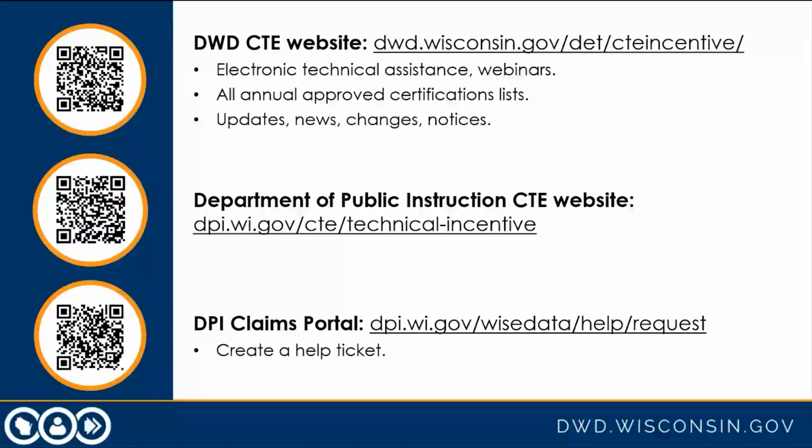Once on the landing page, you can find technical assistance, approved certifications lists, forms, updates, etc. DPI's resources include its own CTE webpage. And if you have difficulty with or questions about the CTE TIG claims portal, you can submit a help ticket using the link in WiseDash or using the link provided on the slide.